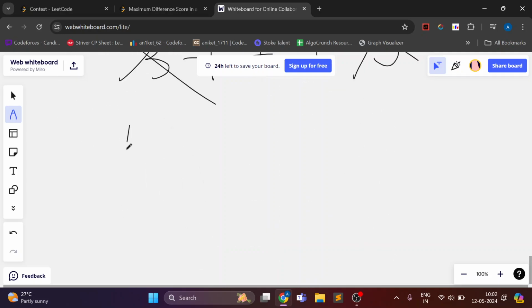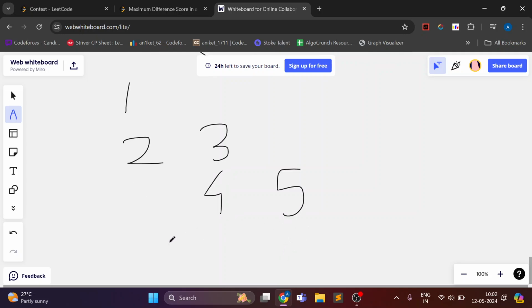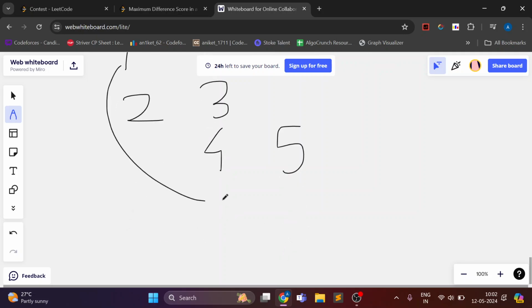Now consider this zigzag type of transition also. If I move directly from 1 to 5, I cannot move directly here, but let's consider I can. So the answer here would be 5 minus 1.